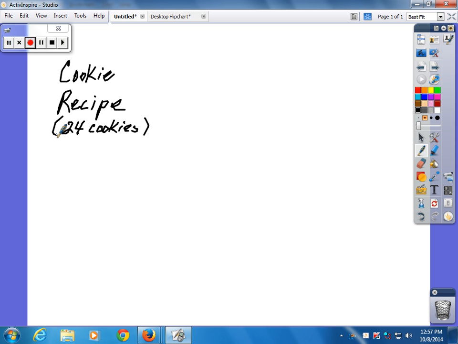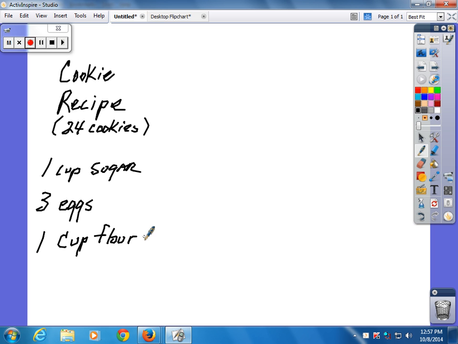And that's 1 cup of sugar, 3 eggs, 1 cup of flour, and half a cup of butter. Now, I know more things go into it, but I'm just giving you some ingredients so we can say what to do if we want so many cookies.